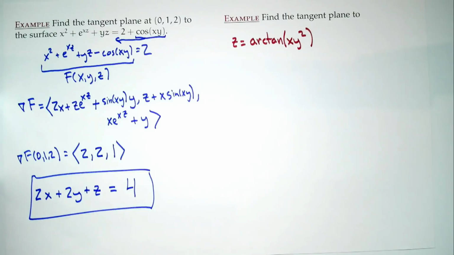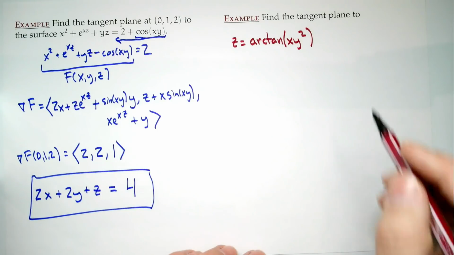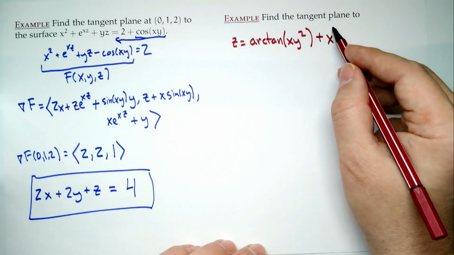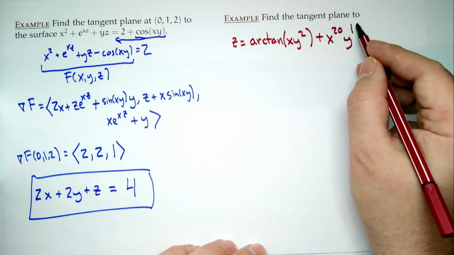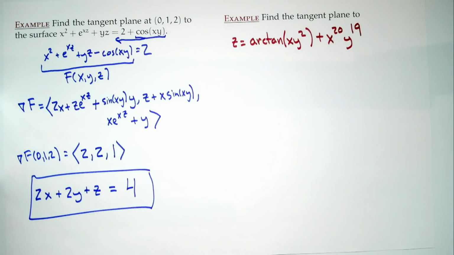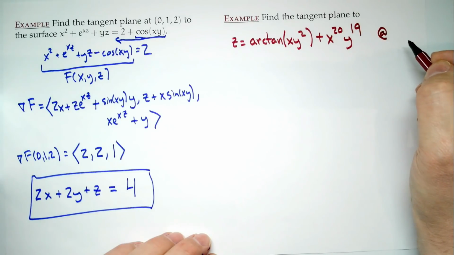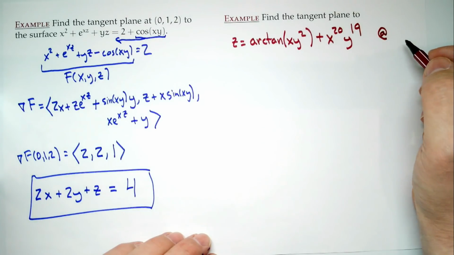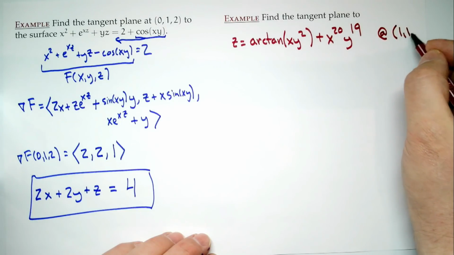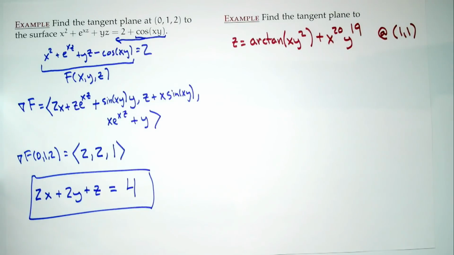Anything else? x to the 20, y to the 19. Well, we'll see how well this ages. Okay, x to the 20, y to the 19. All right, and we need a point, and we will pick, should we do 1, 1? Yeah, we should do 1, 1. If we do 0, 0, there's going to be so many zeros, nothing will be left. Okay, so at 1, 1.